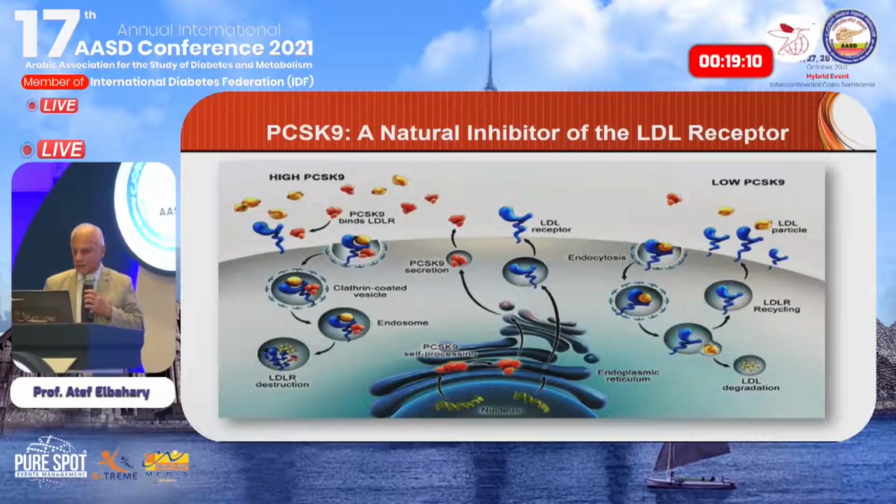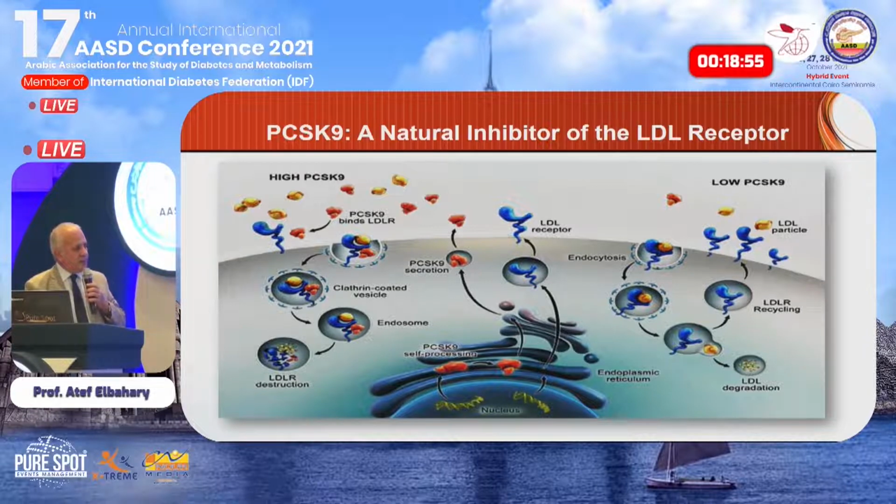Simply, in this slide, we can see Pcsk9, which is a natural enzyme that inhibits the LDL receptor. They are formed together in the hepatocytes from the nucleus.